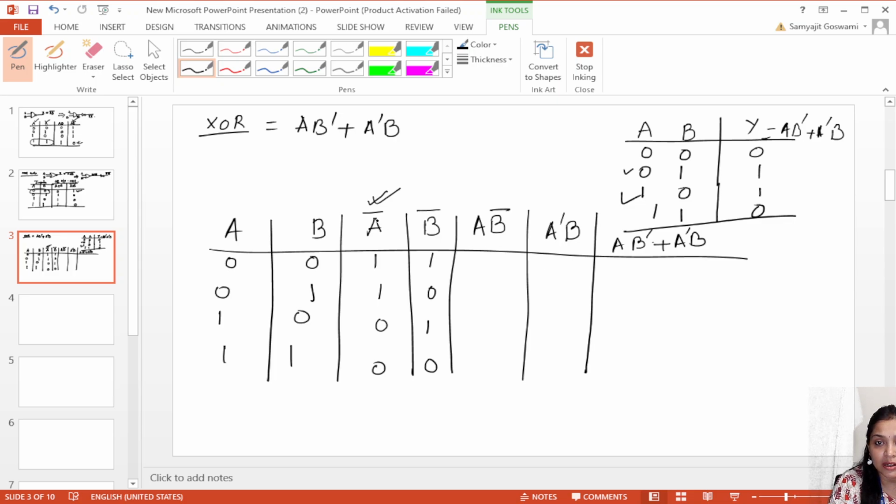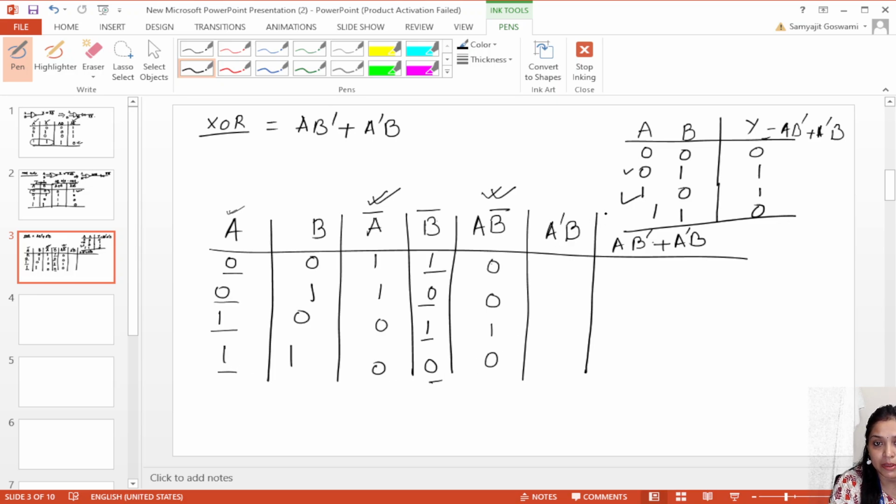Then we have to find A B bar and A bar B, first of all A B bar. That means we take A and B bar, 0 and 1 0, this is just an AND operation, 0 1 0. Then 0 and 0 is 0, then 1 and 1 will come 1, then 1 and 0 will come 0.